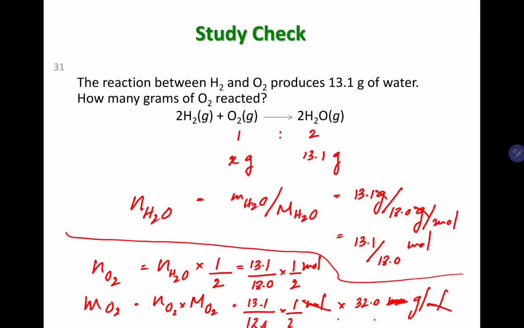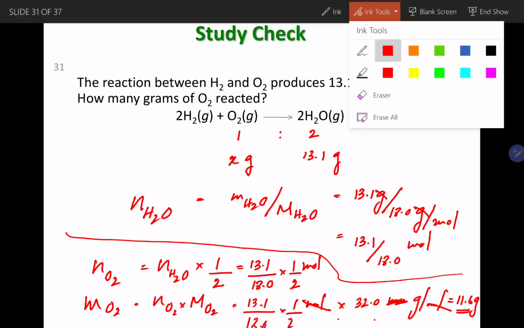Moles to moles will cancel out, and your final answer will be in grams. If you do the calculation correctly, the answer will be 11.6 grams. Okay, so that is how you do the calculation.